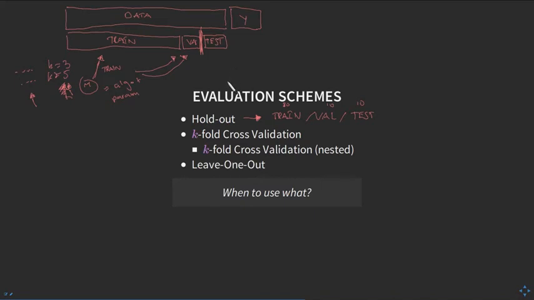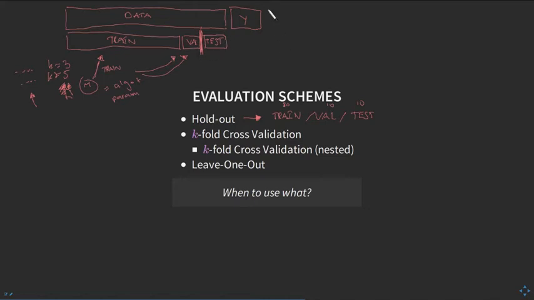So one of the problems with the holdout method is if you don't have enough data, the chance that your validation set will be biased, so this is a different kind of bias than prediction bias, this is dataset bias. It might be the case that your validation set has a different distribution of instances in terms of their targets.